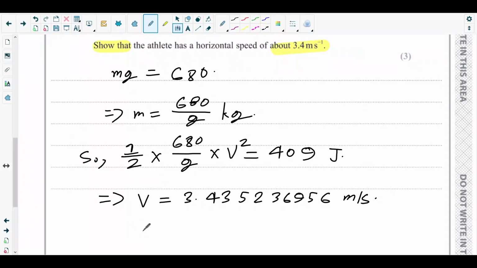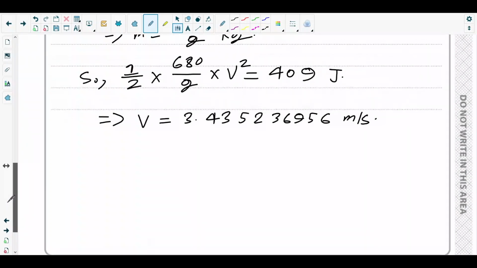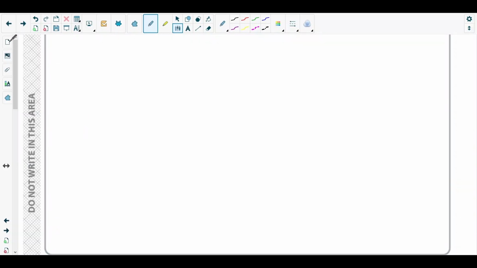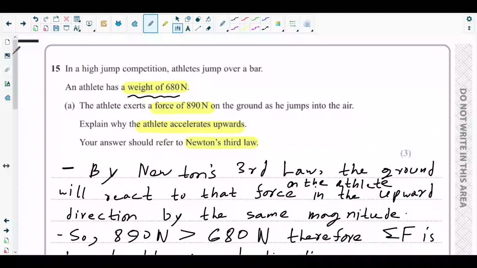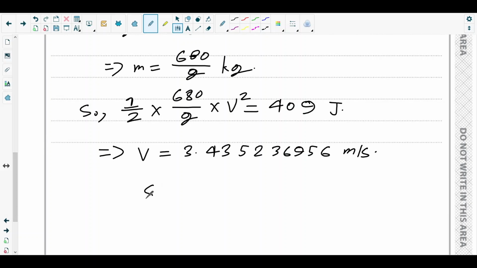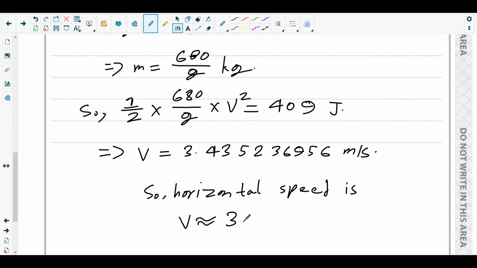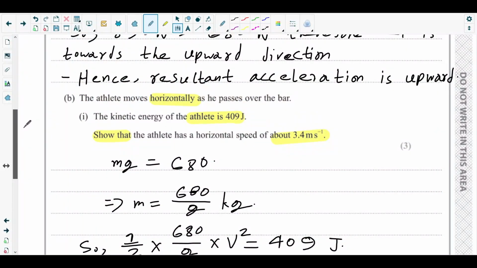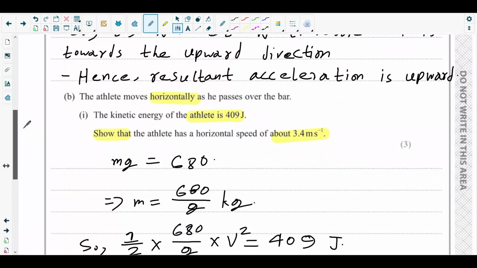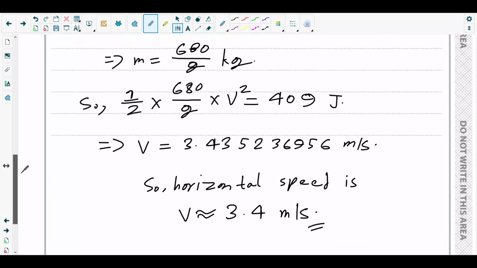So the horizontal speed, v, can be written as 3.4 meter per second. That's what question 15B1 has asked for.